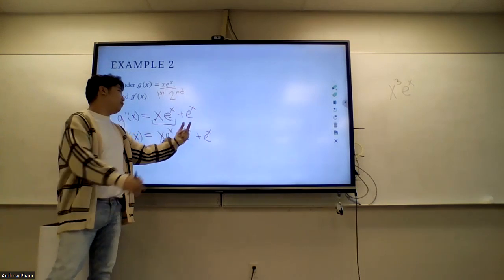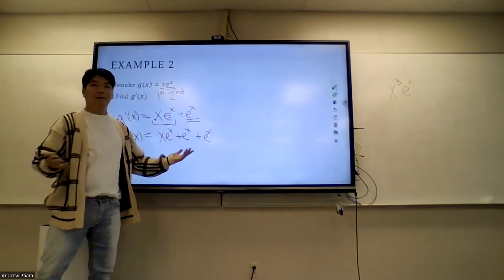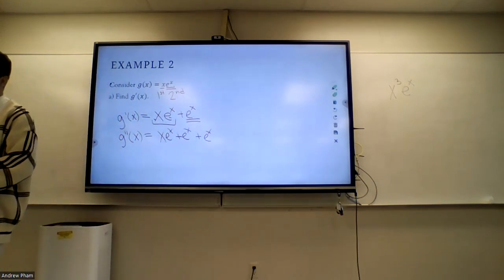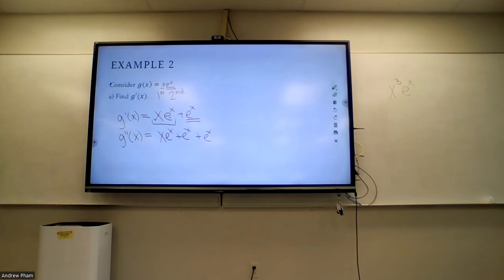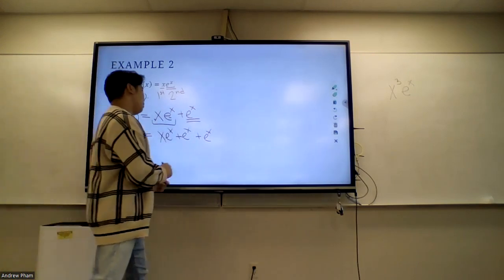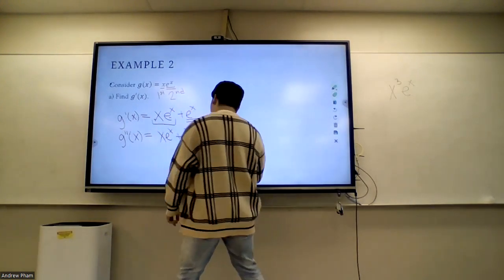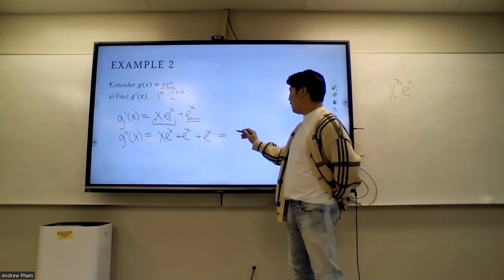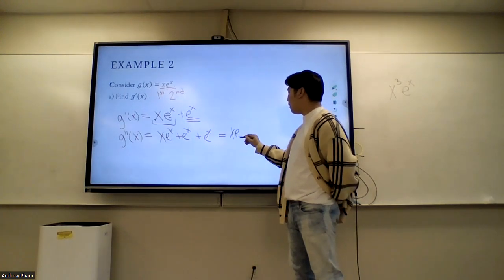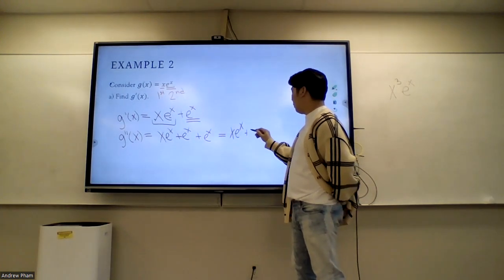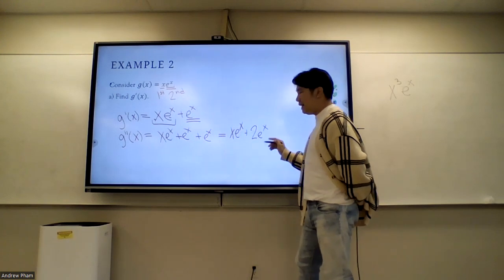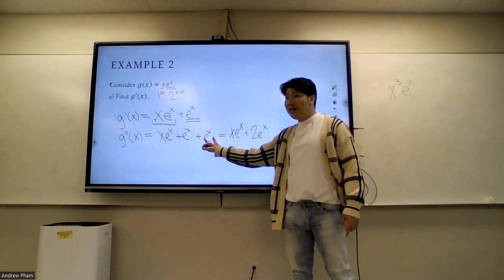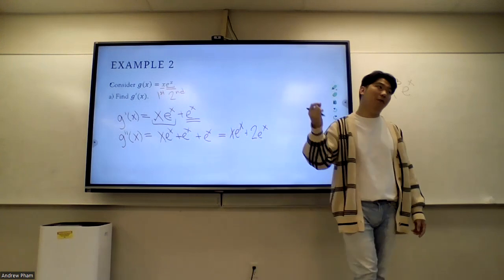This e to the x came from the derivative of e to the x. So this is one of the times where I'm going to say, let's see what happens when we simplify. Really, all I can do here is say I got x e to the x plus 2 e to the x, because these are both e to the x's, I can combine them.